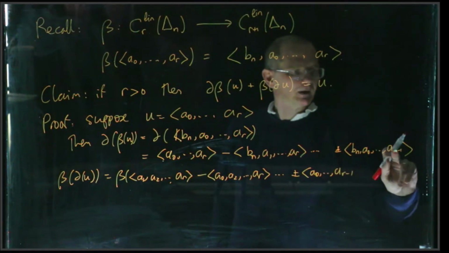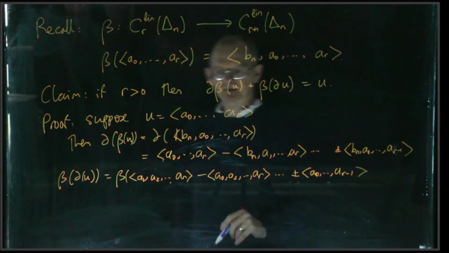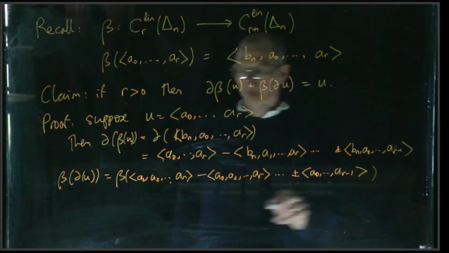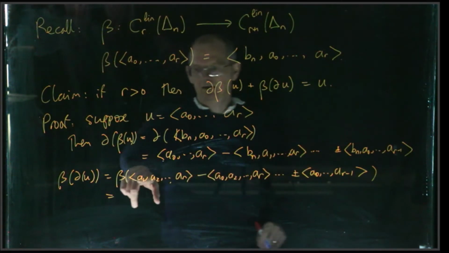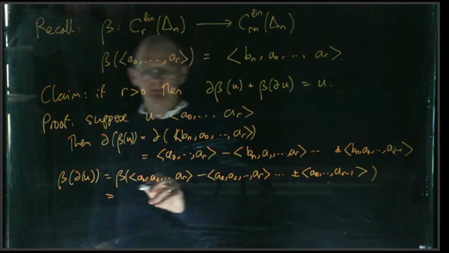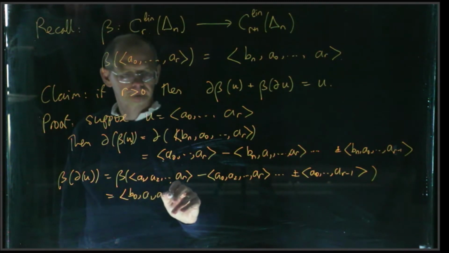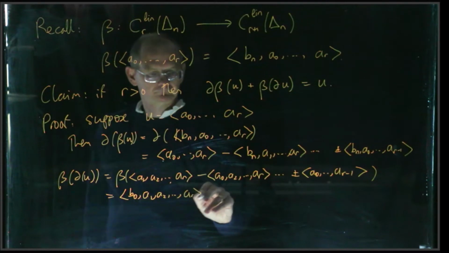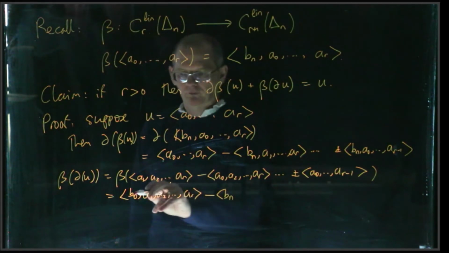Okay, that should be an R minus 1 here. Right, so you get all these terms like this, and then you do beta to this, which means you just put the Bn in.